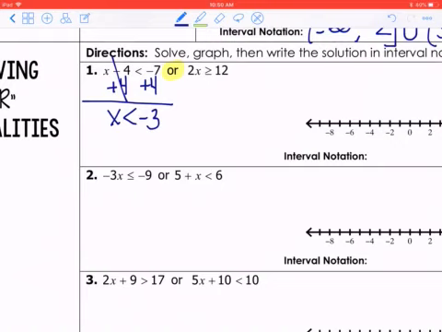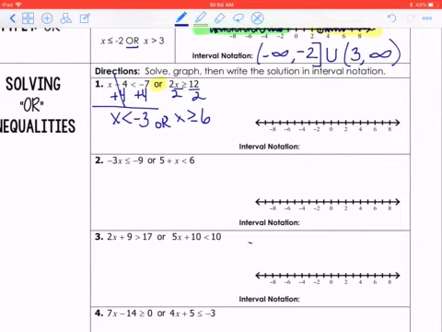Then I'm also going to divide the other one by 2. So I have x is greater than or equal to 6. You need to make sure that you are writing the word or in between, because x is less than negative 3, or it can be greater than 6.